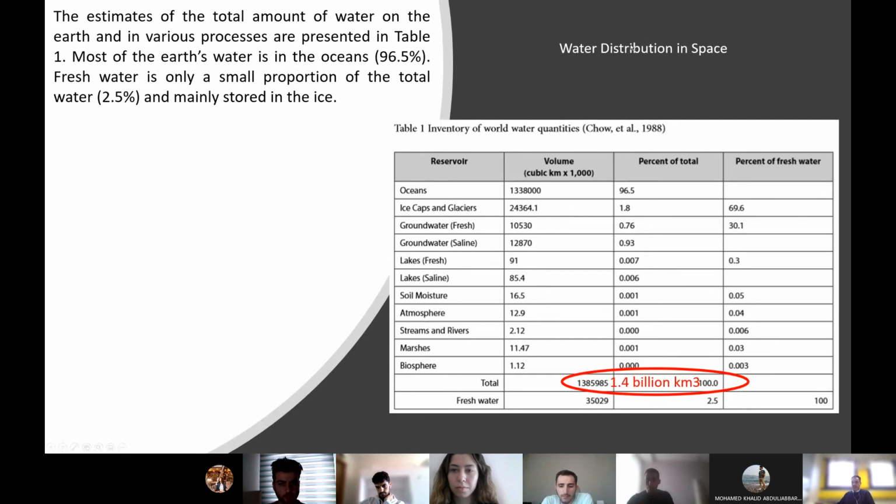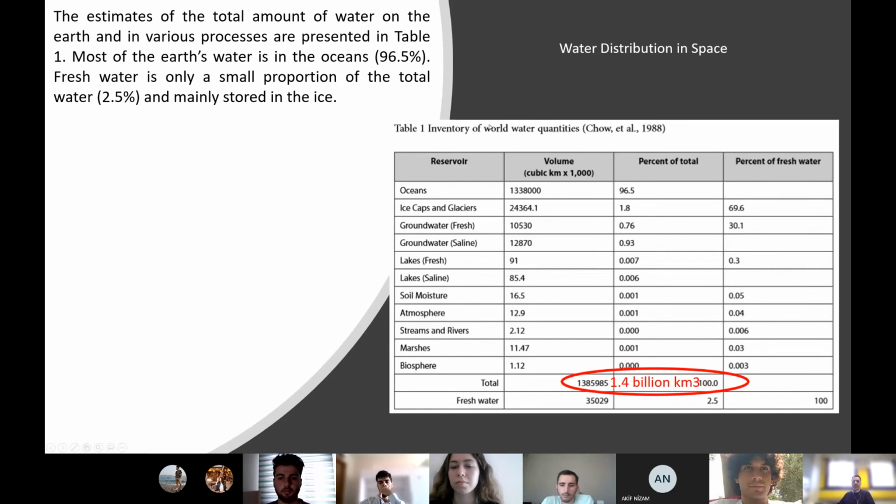As I already told, 96.5% of water is in oceans, so it is not fresh water, it is not drinkable. So only 2.5% of the Earth's water is fresh water. A small segment of Earth's water is fresh water.